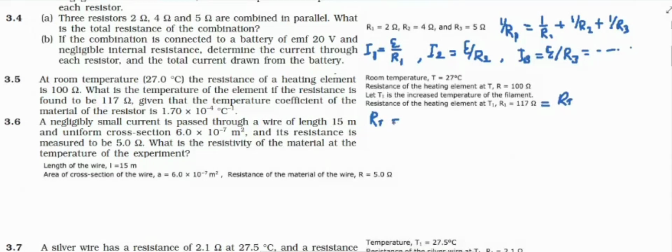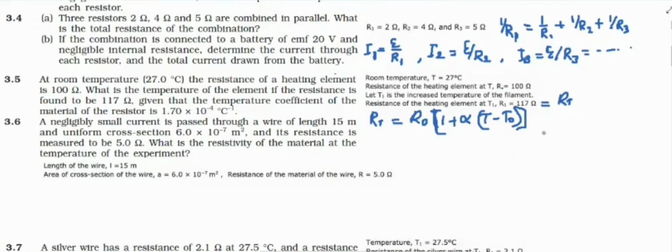RT is equal to R naught, R naught can be taken as 100 ohm, into 1 plus alpha into T minus T naught. T naught will be 27 degrees Celsius and T we need to find out.